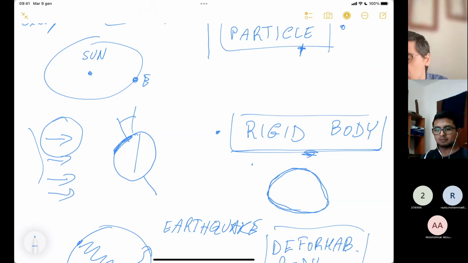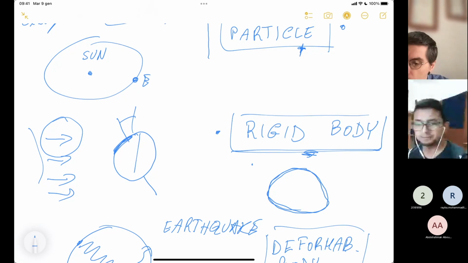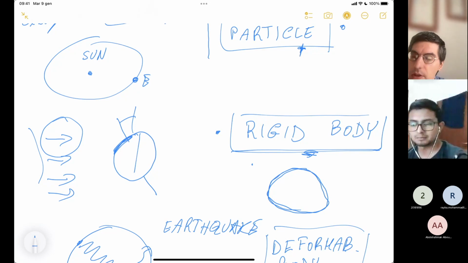So in first approximation, you can use the sphere, but if you want to consider some phenomenon for which the shape of the Earth is important, you must abandon the simplification of the sphere and consider a more accurate description of your object.